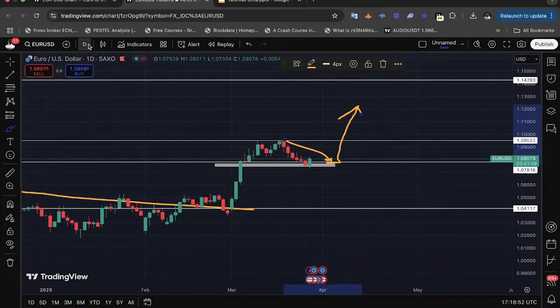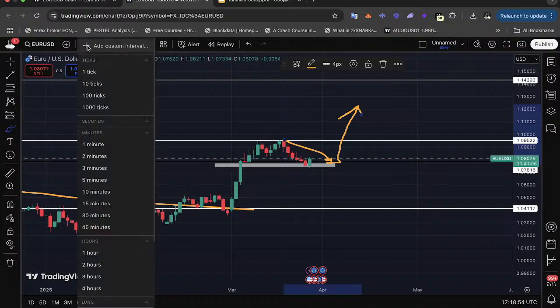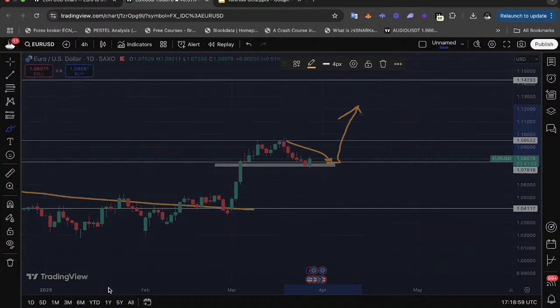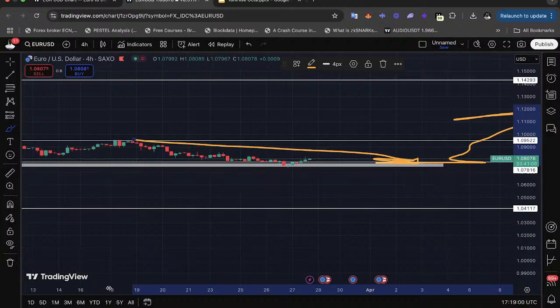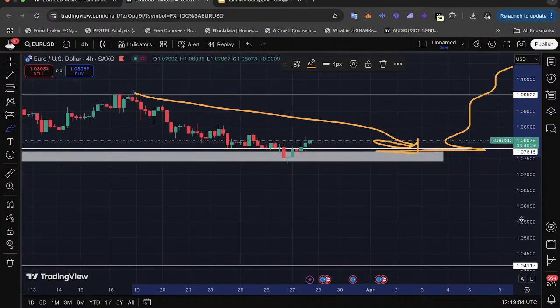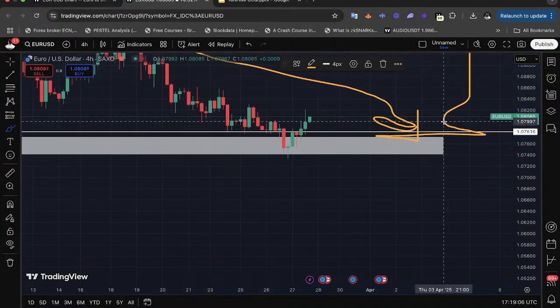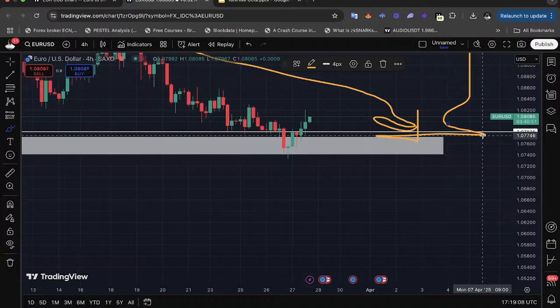So, let's go down to the 4 hours time frame to see more clearly and more closely what price is doing. So you can see that we've been coming from the higher time frame to the lower time frame.